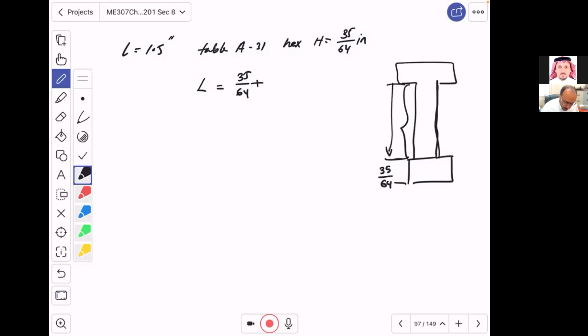The grip was given to us as 0.75 plus 0.75, so this is 1.5.